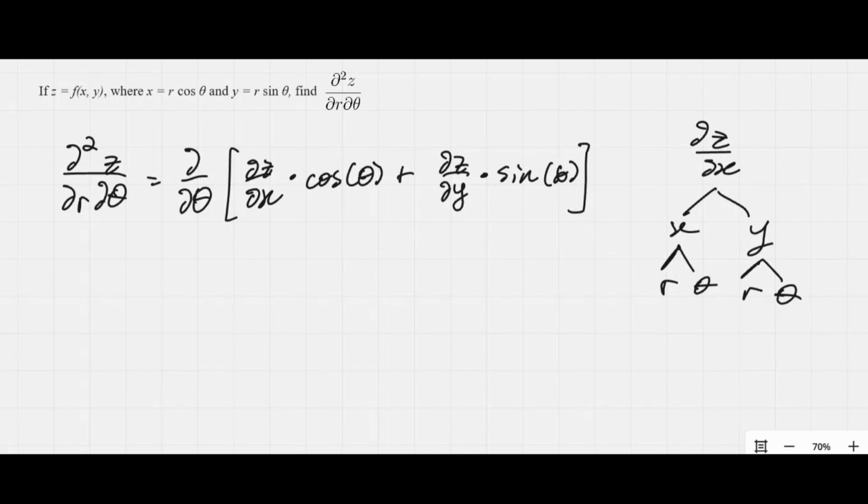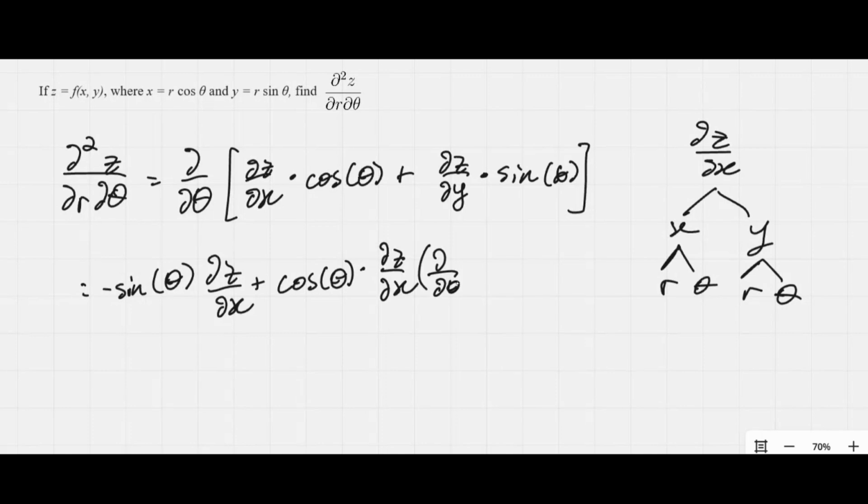We're first going to find the partial of cosine theta with respect to theta, and that's going to be negative sine theta, right? And we're going to leave the del z del x the same. We're going to add that to the cosine theta multiplied by the partial of del z del x with respect to theta.